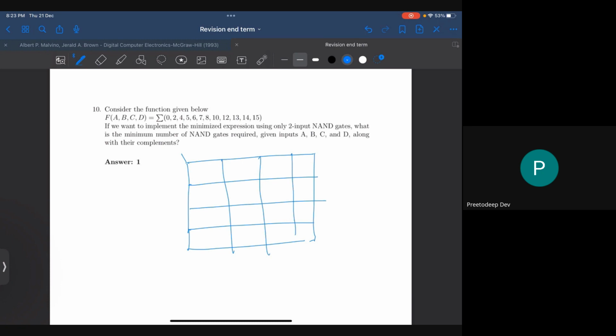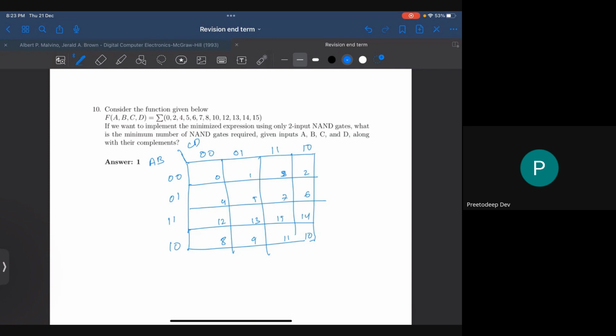Right? So suppose this is AB and CD, 0 0 0 1 1 1 1 0 0 0 0, 1 1 1 1 0. This is 0 1, then 3 2 4 5 7 6 8 9 11 10 12 13 14 15.